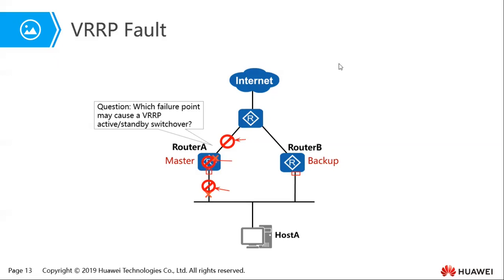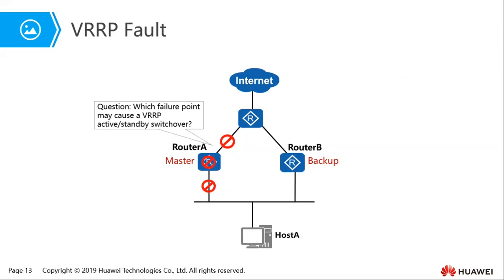But if the connection between router A and our egress router that is connecting us to the internet fails, VRRP will not be able to know that the master is not in a position to forward packets. VRRP is not going to know that.